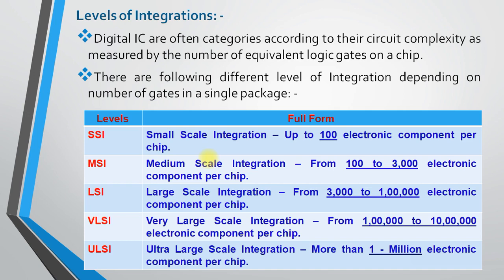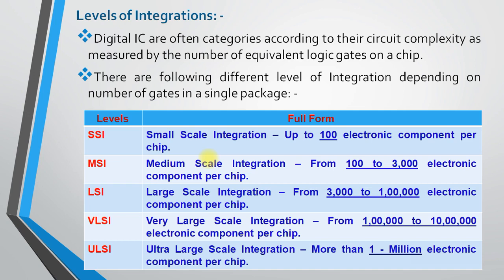Say for example, if you select SSI level, at that time up to 100 electronic components you are able to bound with a particular chip. Now if you want to work with the MSI, there is a range of 100 to 3000 electronic components per chip. If you select LSI, 3000 to 1 lakh electronic components per chip.